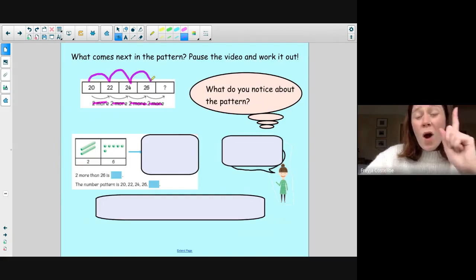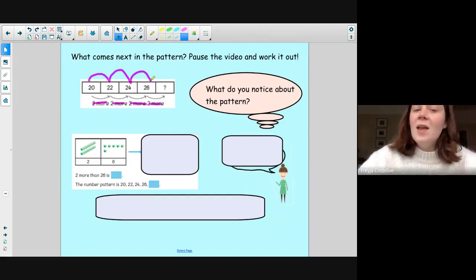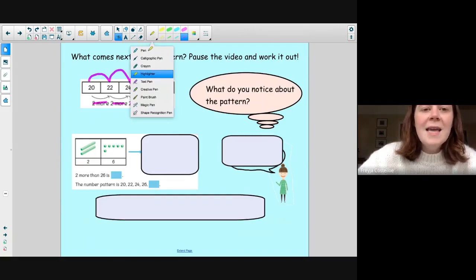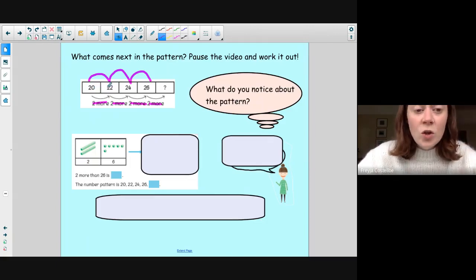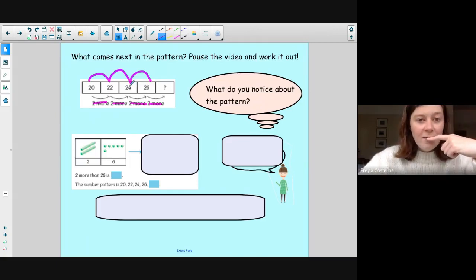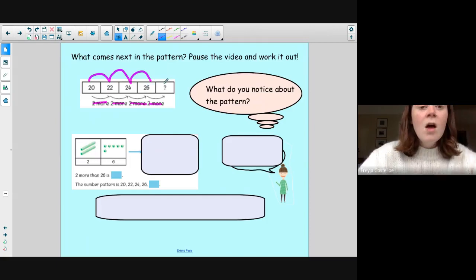They're getting bigger by 1? They're not, are they? They are getting bigger by 2. We've got 20, 21, 22, 23, 24, 25, 26, 27. So this is going to be, what's 2 more than 26? 27, 28.